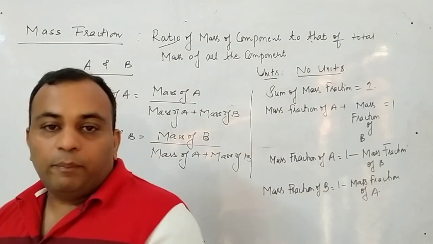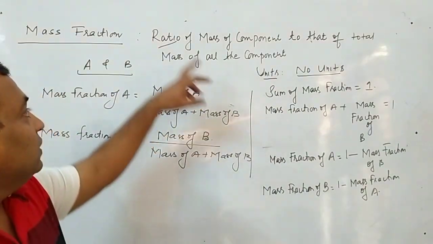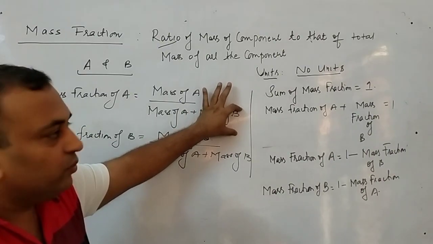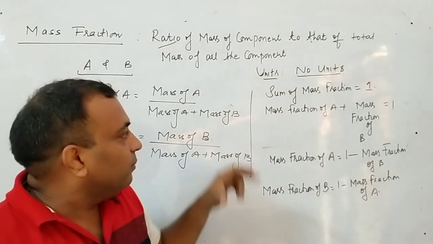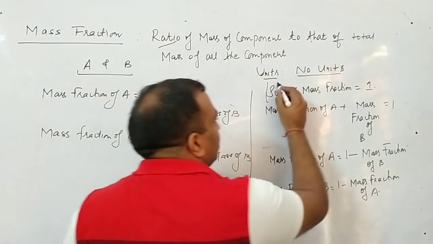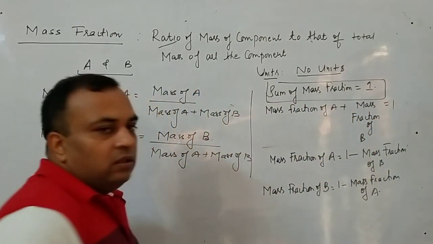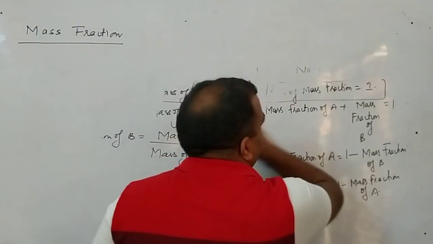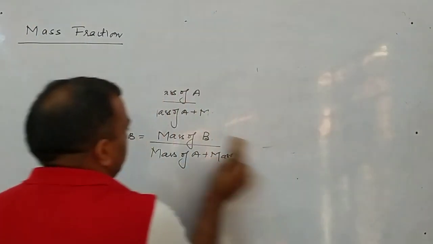Mass fraction, simply say, is the ratio of mass of a particular component to the total mass of all the components, having no units. And remember, the sum of mass fractions is always 1. Okay, now we'll do the numericals on this mass fraction. Simple numericals are there, just see.